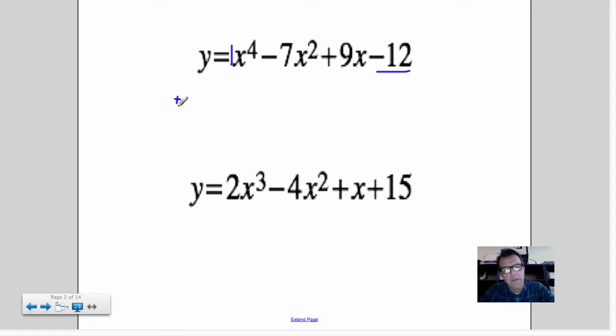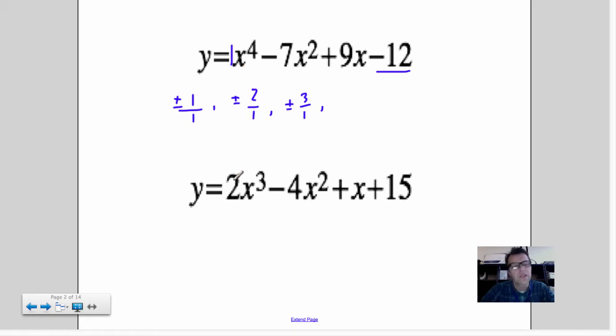So you'd say plus or minus 1 divided by the factors of the leading coefficient, which is also 1. And that could be plus or minus 2 over the factors, plus or minus 3 over the factors of 1. And 1 is a great leading coefficient, because it's always divided by 1.